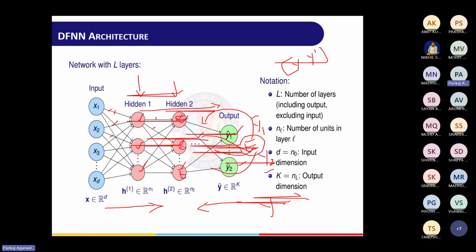Similarly, the errors which got calculated over here, which are dependent on this overall error, I would again use to update all the weights between hidden 1 and hidden 2. In the same fashion, the errors at hidden 1 would be calculated, and using those error values, I would again go back and update the weights between x1 and hidden 1.